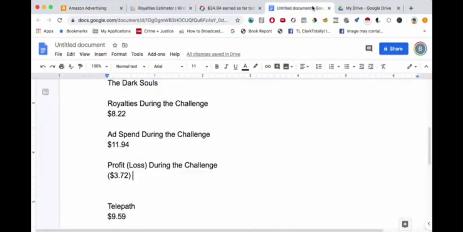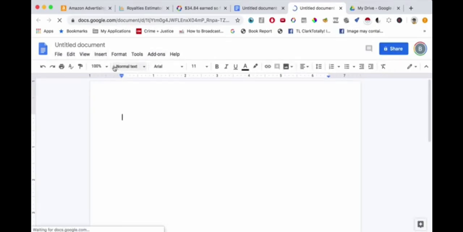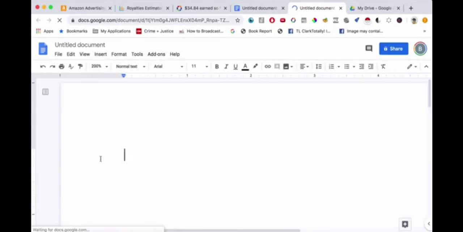So let's go to the copy. I'll create a new document that's just copy. So let's break it down. Let's do another popular one. We'll just go with Harry Potter.